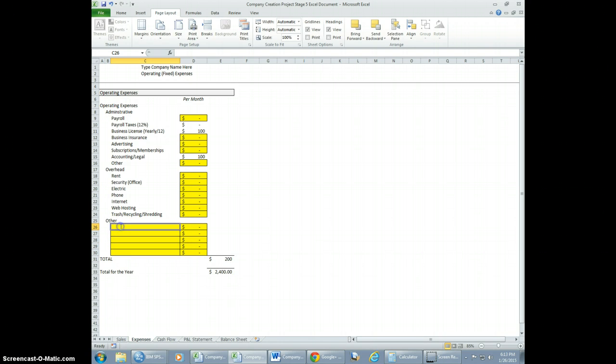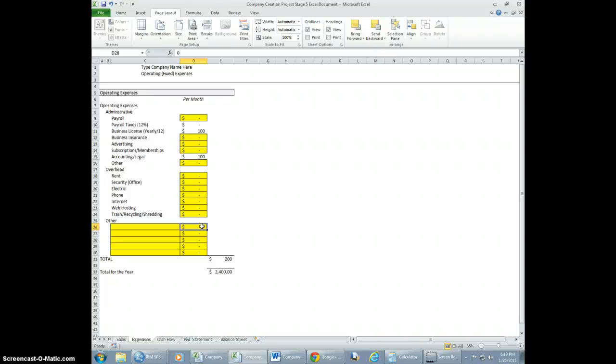If that is the case, which I expect it to be, what you would simply do is type in whatever those extra fixed costs are into these places right here. And then you would estimate per month how much you think those costs would be.